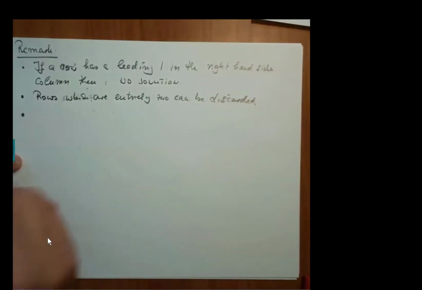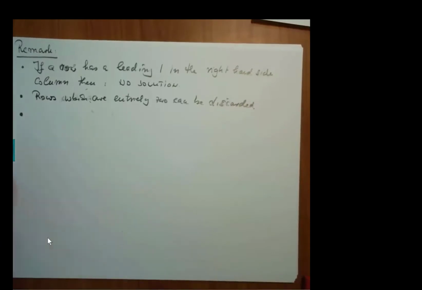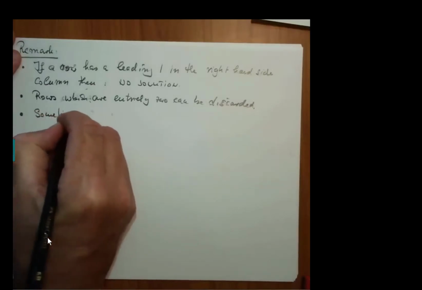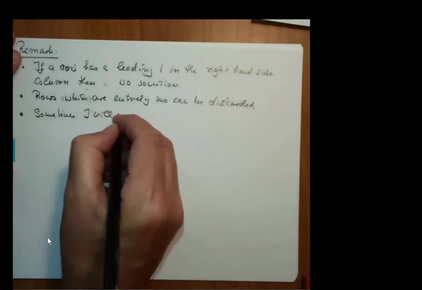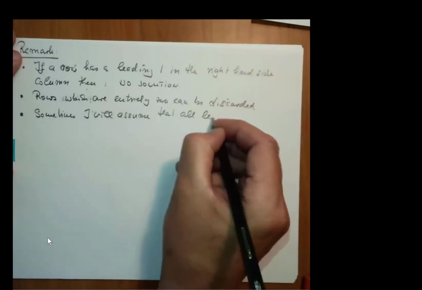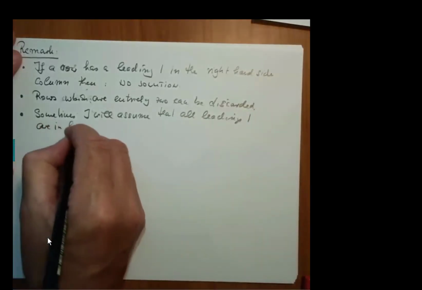And the other one is more of a remark. Sometimes later on when we talk about the outcome of a Gauss algorithm, remember we always have leading ones and they are staggered. They can be anywhere in the matrix, always moving to the right. Sometimes for simplification purposes, when I like to make a picture for it, I assume that all leading ones are in front.